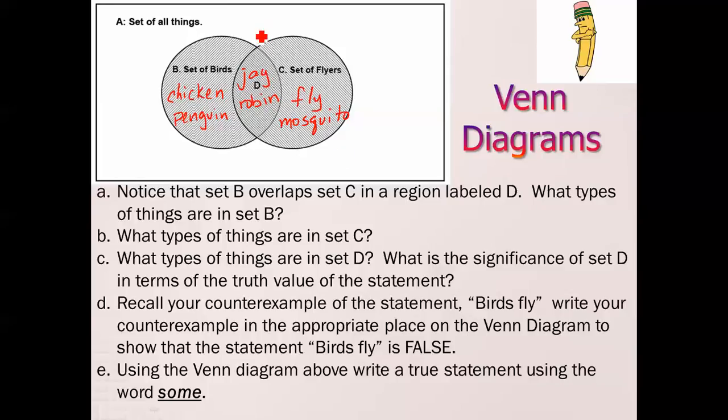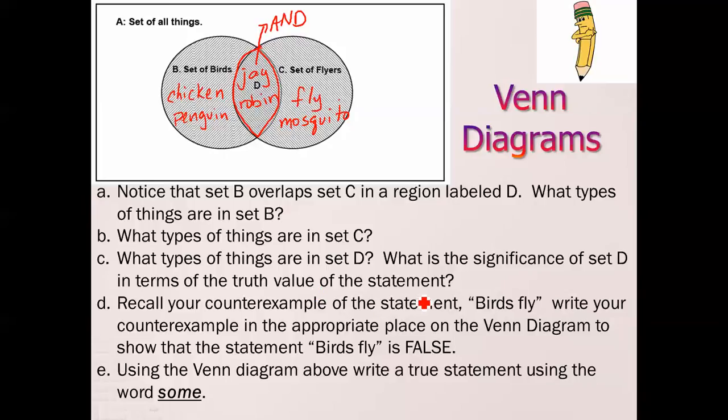Okay, so this is our and section. Right here, this is our and. Set of birds and they fly. So that has to be both things. The other two sides are just things that are birds that don't fly, or flying things that aren't birds.